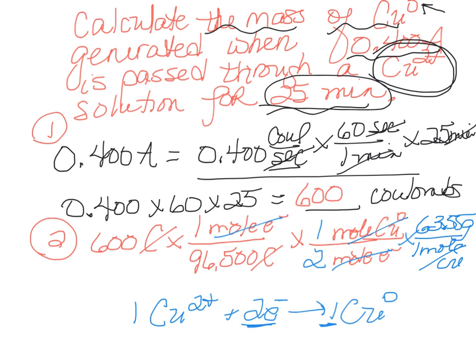And so if I do all this math, I get as my final answer 0.198 grams of copper metal is produced. And that's it. So that's going to take some practice. I would recommend doing a few of those problems to get used to it.